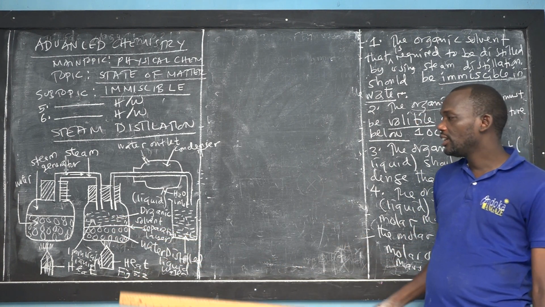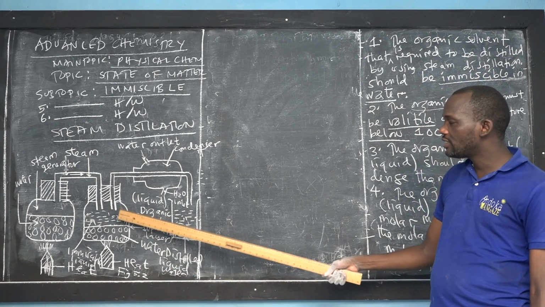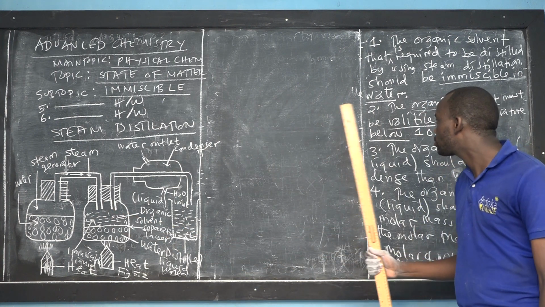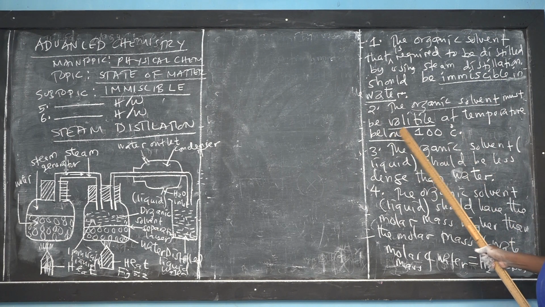The organic solvent should have a low boiling point, meaning it should form vapor, according to this condition. The organic solvent must be volatile at a temperature below 100 degrees centigrade.